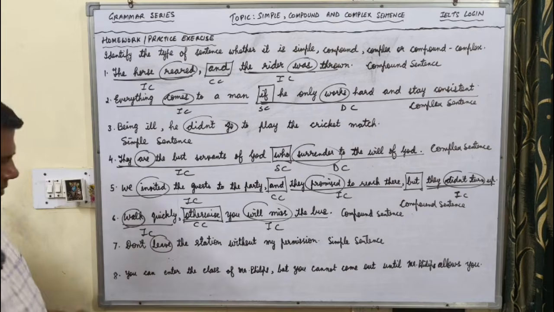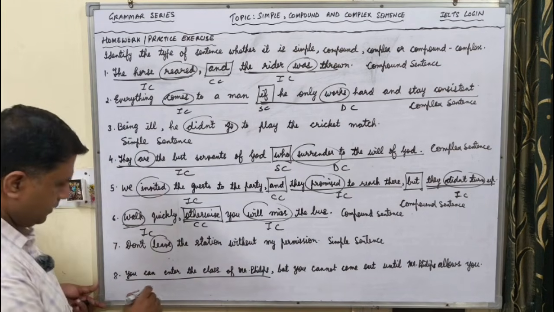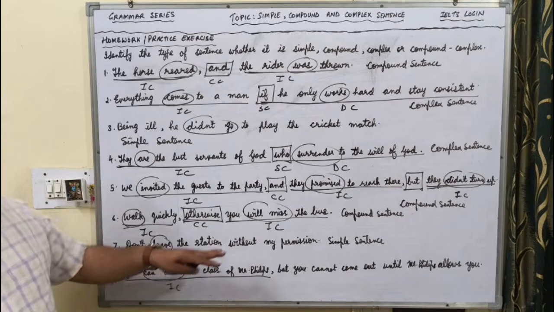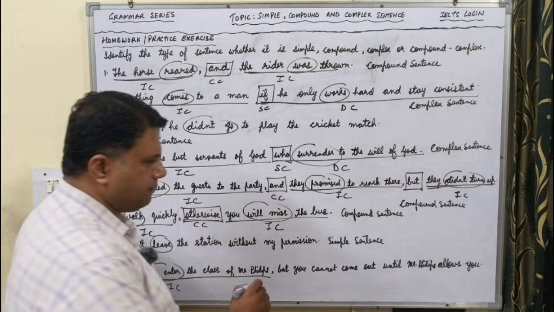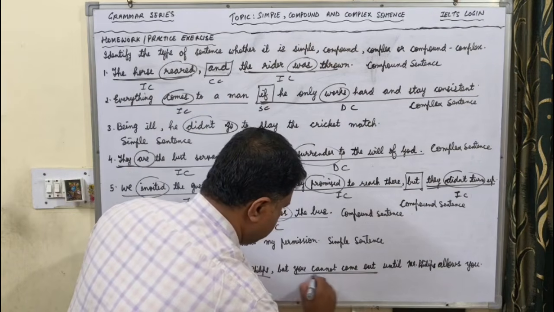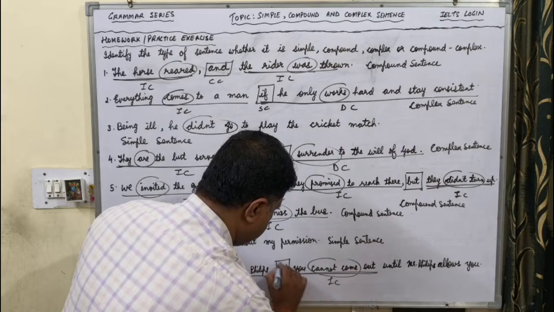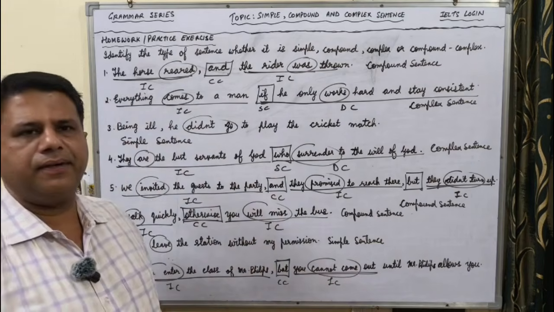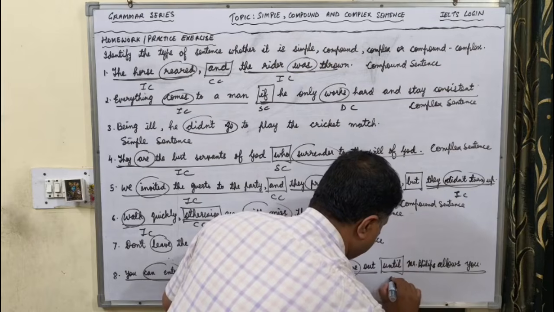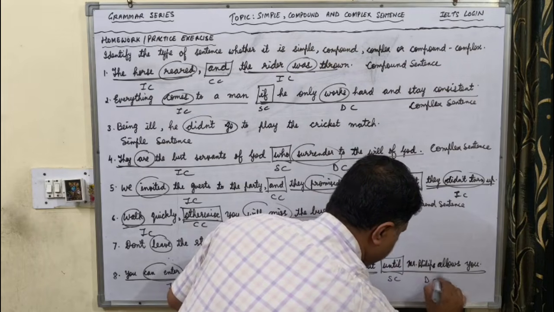You can enter the class of Mr. Phillips. This is an independent clause. Can enter is the tense element. But you cannot come out until Mr. Phillips allows you. You cannot come out is an independent clause, and but is the coordinating conjunction. Until Mr. Phillips allows you, until is the subordinating conjunction, and this is a dependent clause.